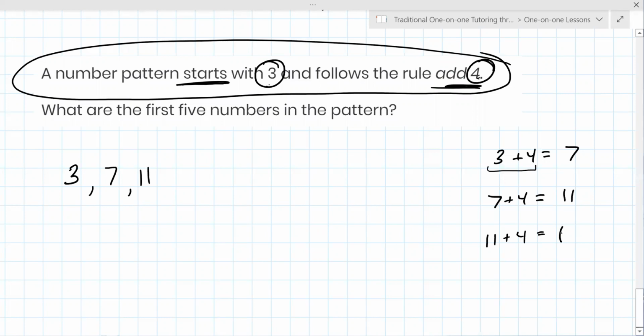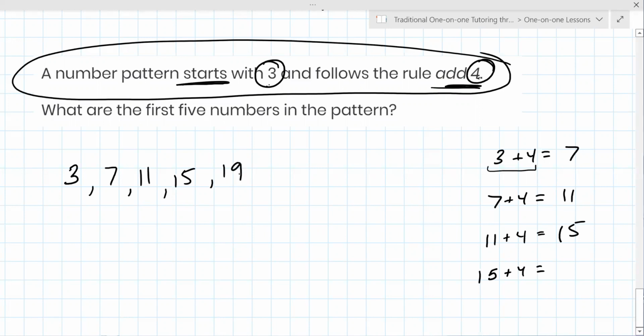15. Good. Excellent. Okay, what is 15 plus 4? 19.